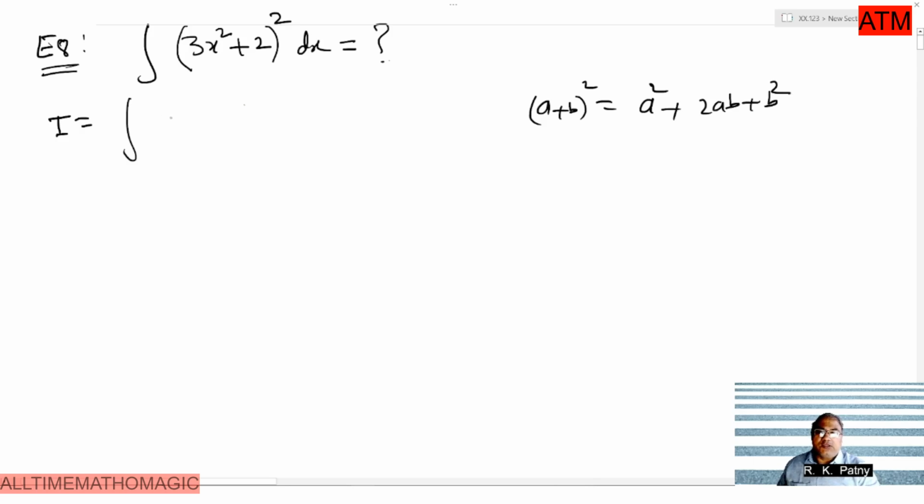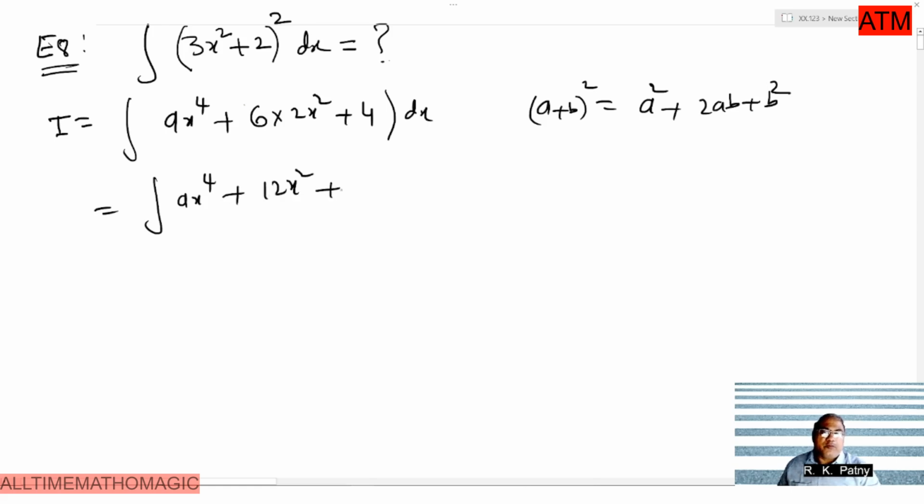Therefore I is equals to 9x raised to 4 plus 6 into 2x square plus 4 with respect to x, that is nothing but integration of 9x4 plus 12x square plus 4 with respect to x.